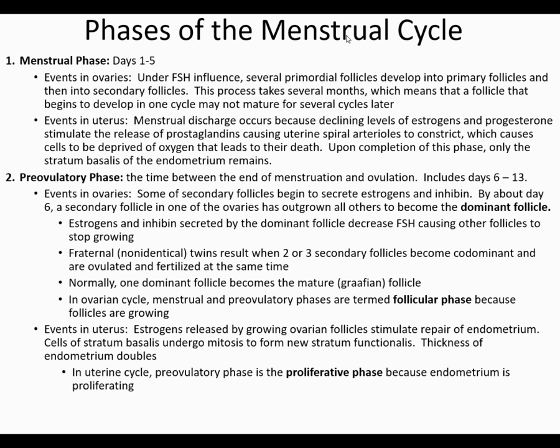In the uterus, this is when the female is menstruating. Okay, she's discharging menstrual fluid because declining levels of estrogen and progesterone stimulate blood vessels found in the uterus to constrict, and the cells found in that layer, what we call the stratum functionalis, start to die, and then they just basically get wiped away.